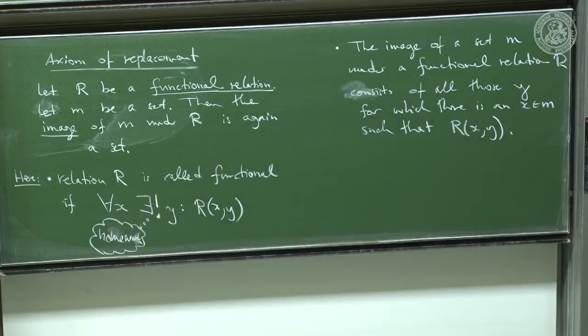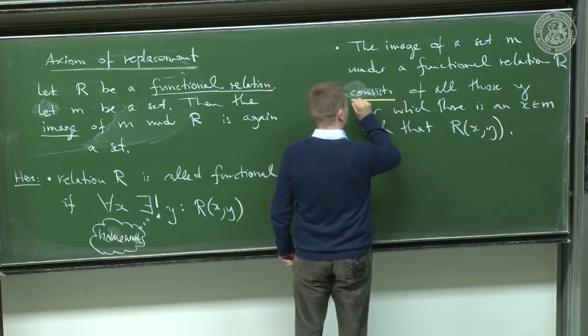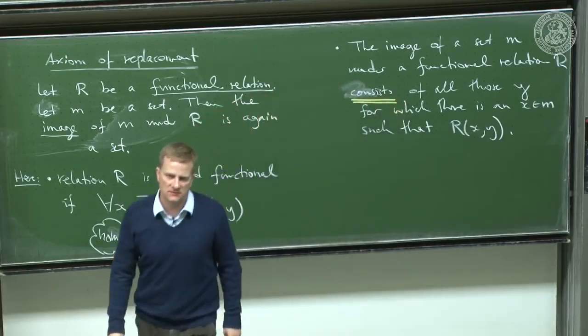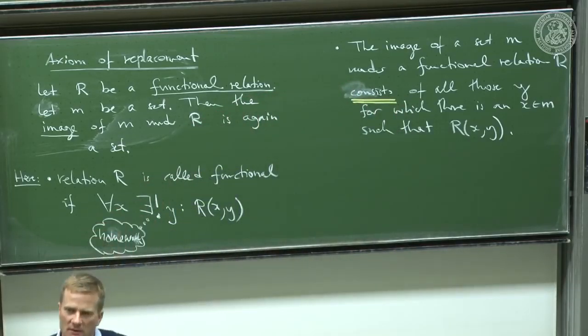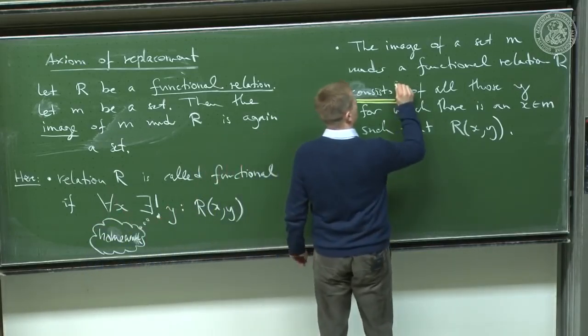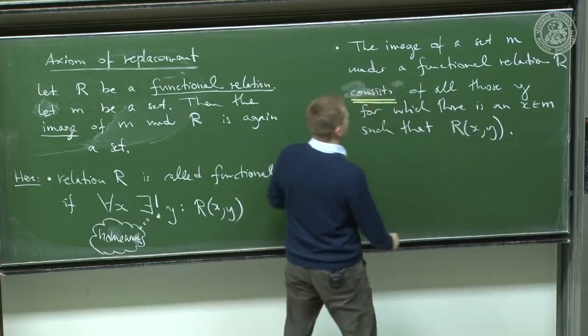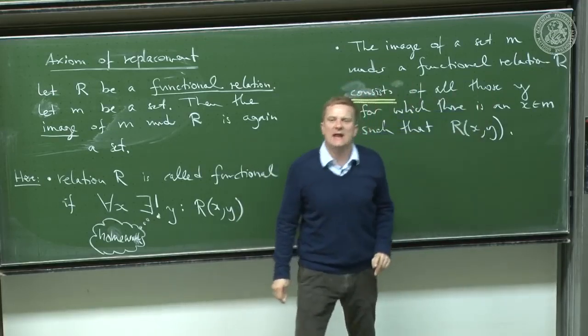And if you're careful, your alarm bells should ring, because I put here the word consists, a very harmless word. Wherever I wrote consists before, I meant has all those y as elements.